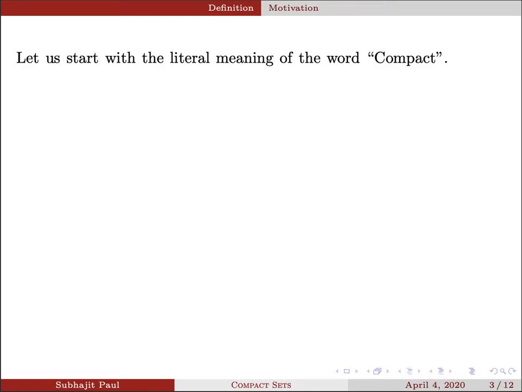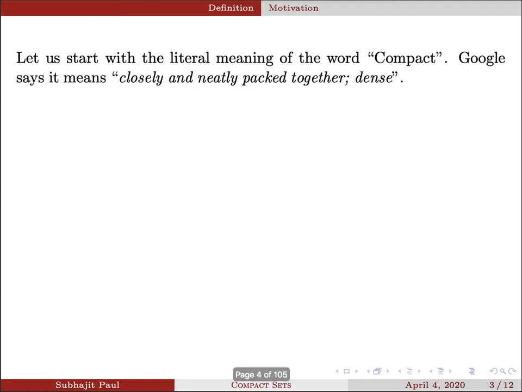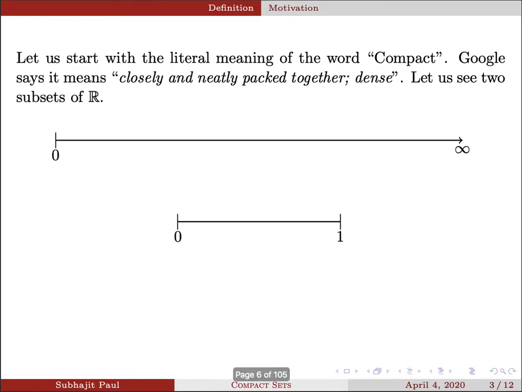So let's get the motivation first. Let us start with the literal meaning of the word compact. Now, Google says it means closely and neatly packed together, dense. Let us see two subsets of R, one of which agrees to this meaning, closely and neatly packed together.